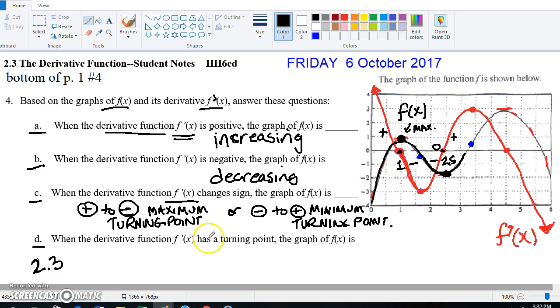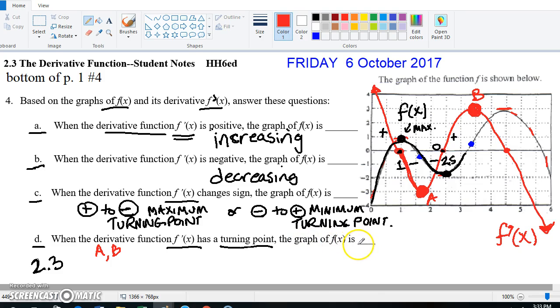Okay, next, when the derivative function, f prime of x, has a turning point. Okay, we just learned about turning points on our function, but now we want to look at turning points on our derivative. So point A and point B are turning points on the slope function, f prime of x.